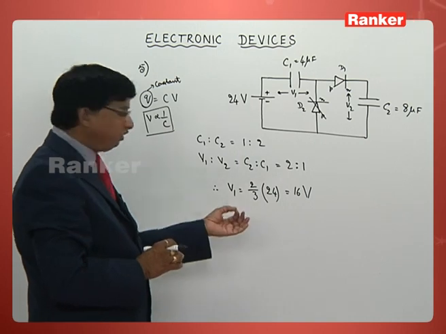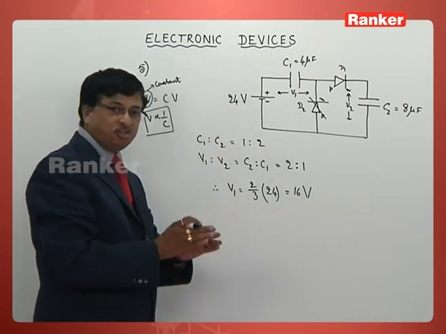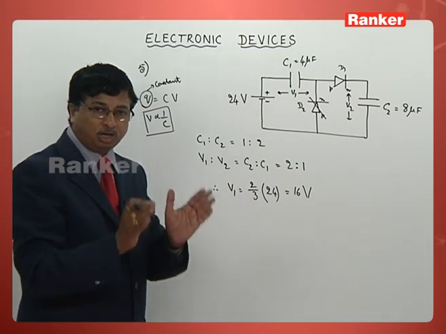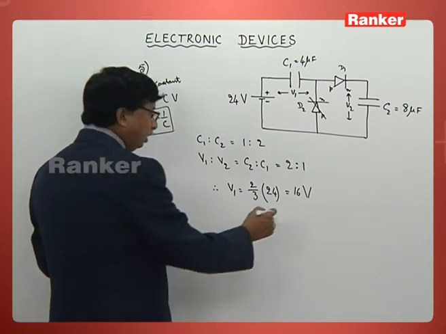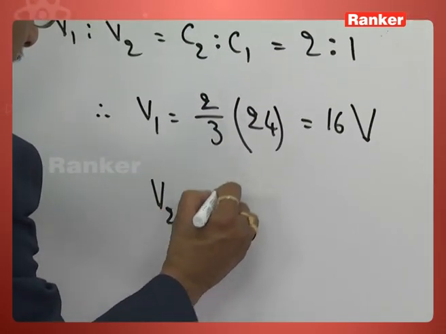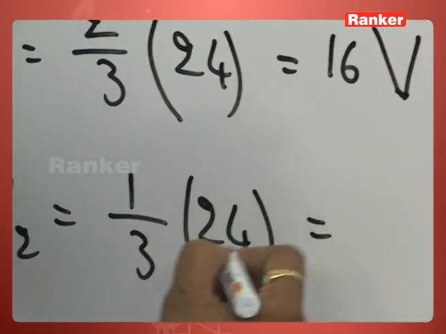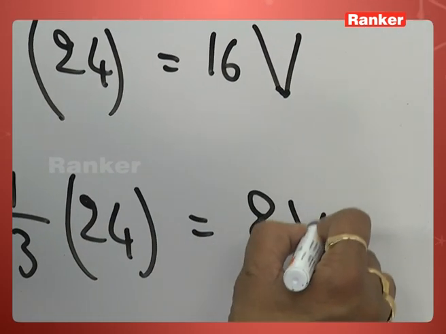So you can directly understand the first capacitor has a potential difference of 16 volt across its plates. Now come to the second one. What will be V2? It's 1/3 of the applied voltage. That now becomes simply 8 volt.